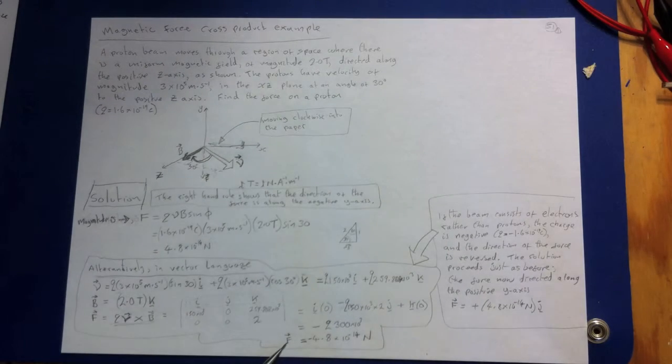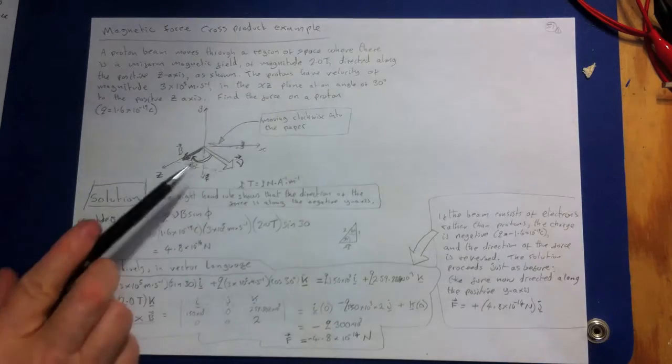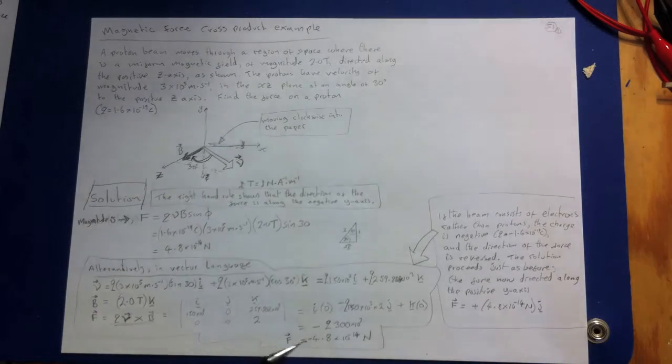and we get for the force vector minus 4.8 times 10 to the minus 14. You can see here it's also given us the sign of that as well. That's a really nice example.